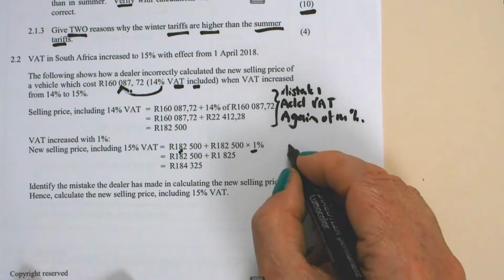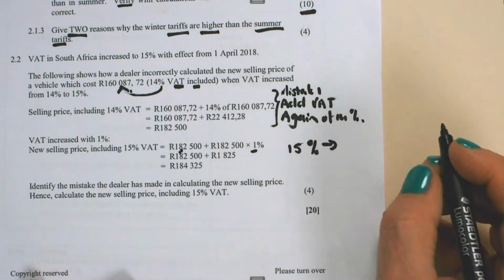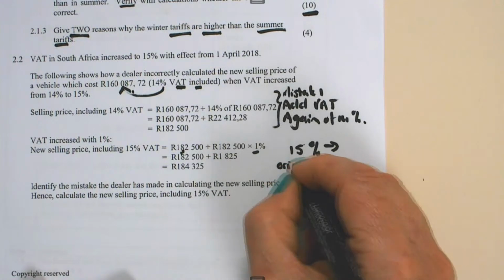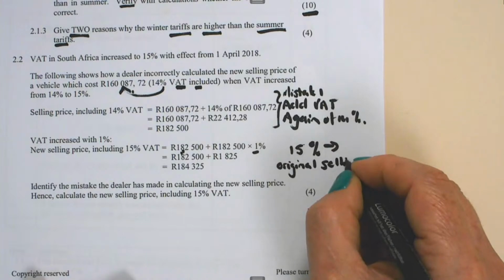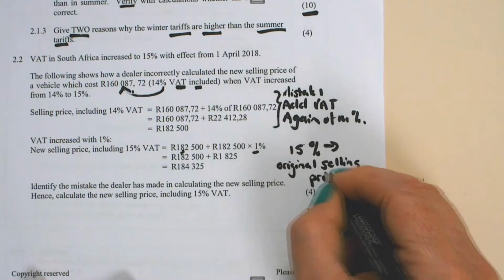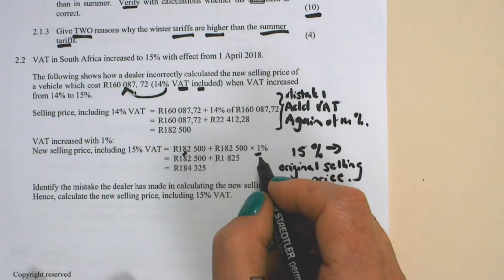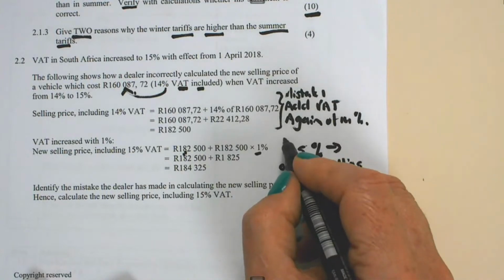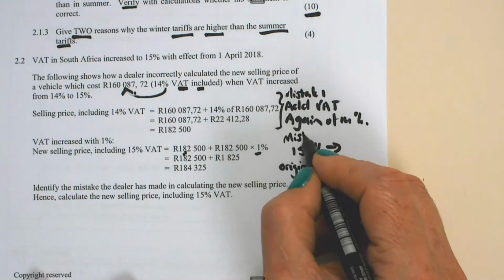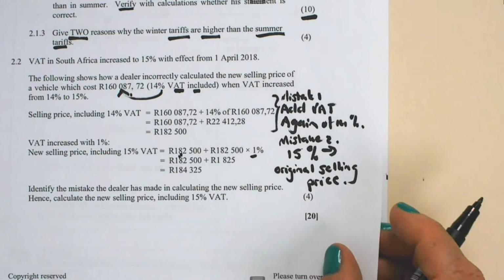He was supposed to add 15% to the original selling price, and not just 1% and 14% on top of what was given. So these are mistake 1 and mistake 2 that the dealer is now making.